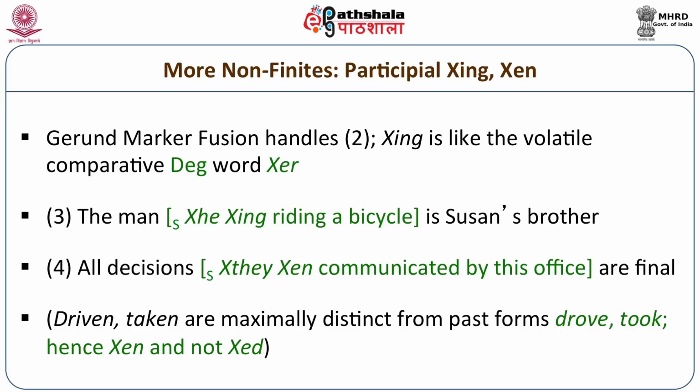Why do we write X en instead of X ed when communicated ends in ed? We are following here a convention of generative syntax. The convention comes from words like taken and given, which are participles and which are maximally different from the way the past tense looks. So it is easier to use X ed for the past tense and X en for the participle in order to keep them different in English.